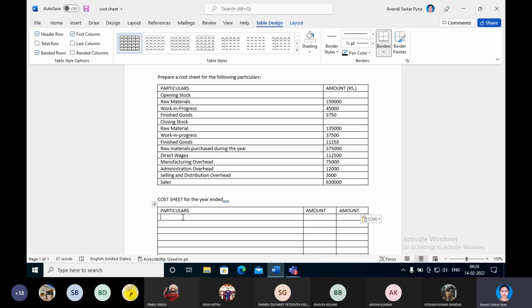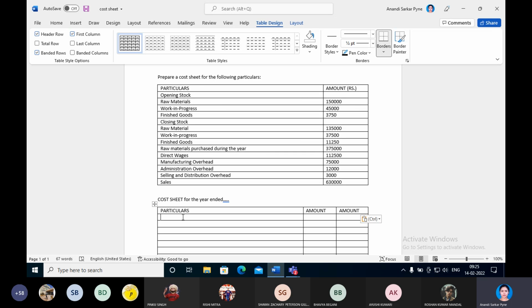With the raw material consumed, we will add the direct wages, as there are no direct expenses. So let's do till this point.